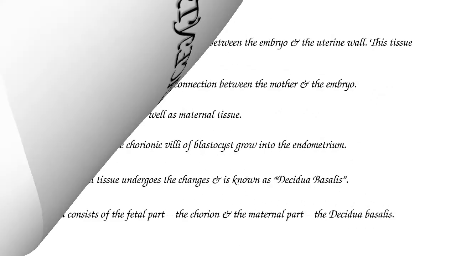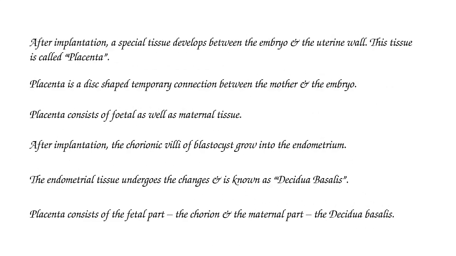The next concept is the placenta. After implantation, a special tissue develops between the embryo and the uterine wall, called the placenta. The placenta is a disc-shaped, temporary connection between the mother and the embryo. The placenta consists of fetal as well as maternal tissue.